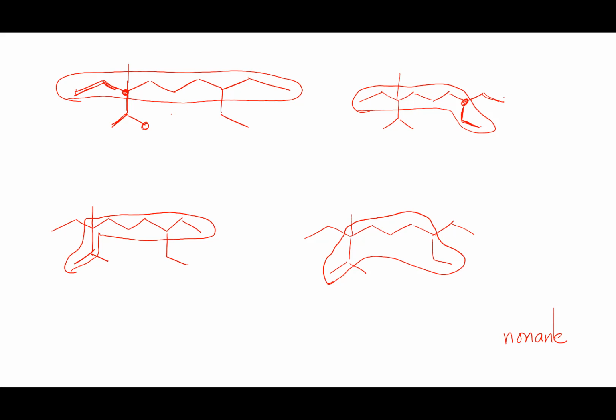All right. IUPAC rules. The IUPAC people who, I don't know, they live on a mountain somewhere, much like, I guess much like God, and they give the rules on stone tablets that they pass down for people to use. Their ultimate goal is this. Everybody calls the molecule the same thing.